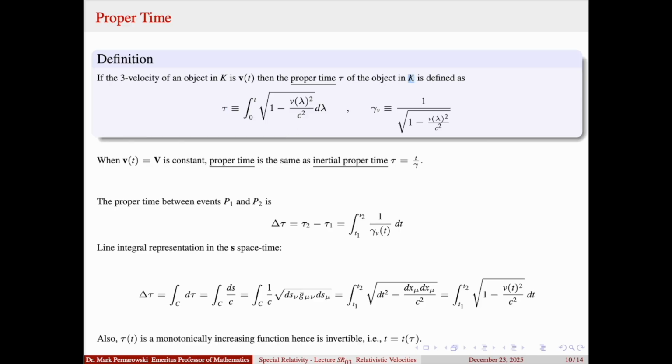So k measures a velocity vector v of t, and from that I can compute this integral in frame k, and I'm going to call that the proper time, where this gamma sub v uses not the inertial velocity between frames, but the velocity as observed in k.